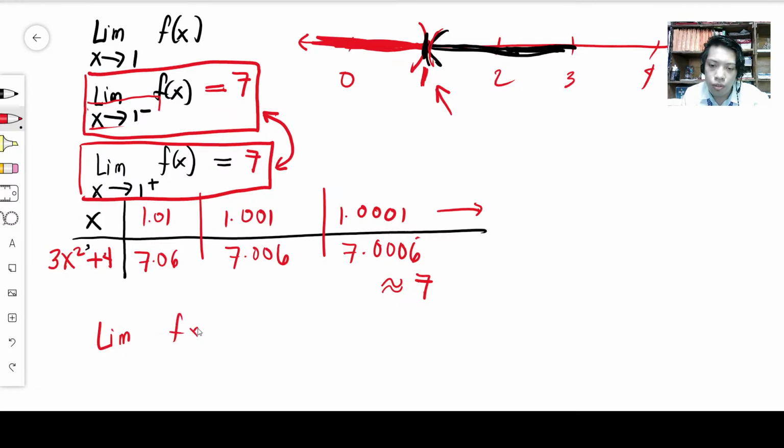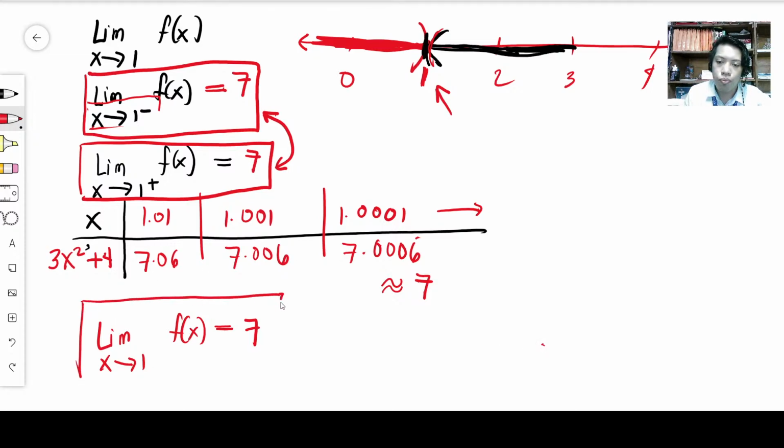The limit of the function as x approaches 1 is equal to 7. So this is your answer. That's how you answer.